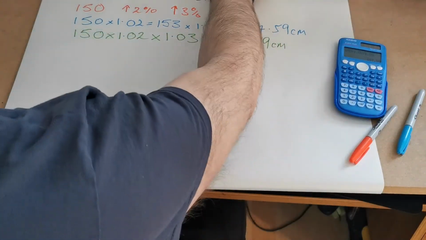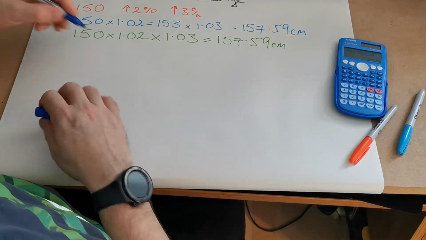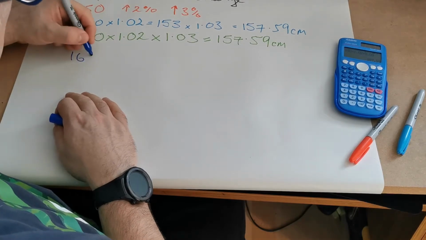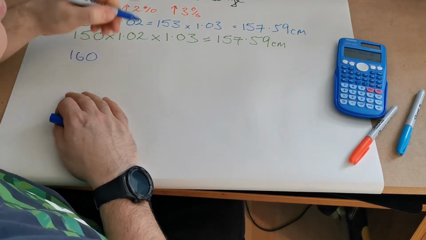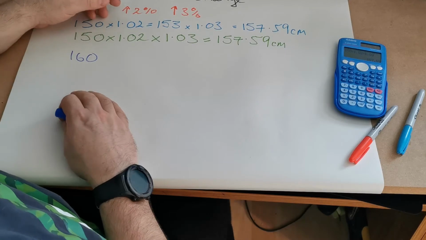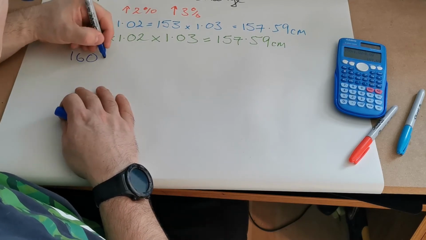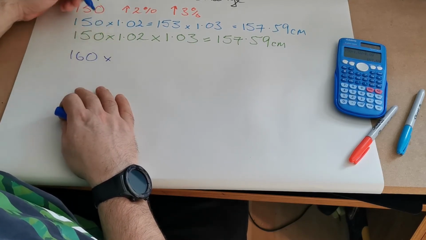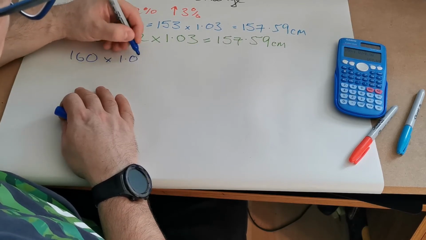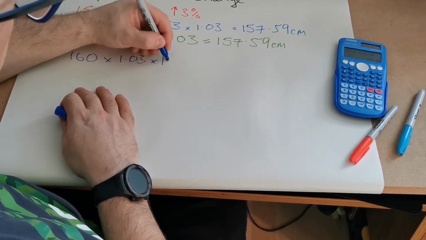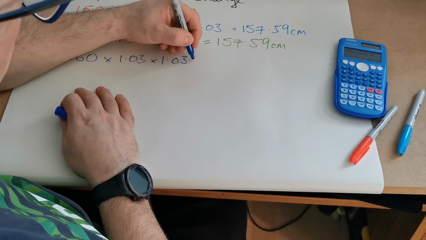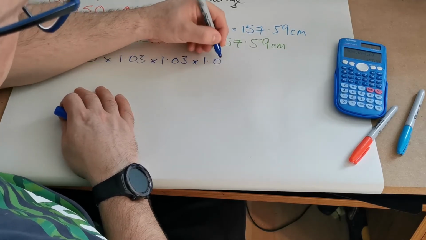Now, say my son was 160 centimetres and he grew by 3% a year for 3 consecutive years. I could say that he multiplied by 1.03 for the first year, 1.03 for the second year, and 1.03 for the third year.